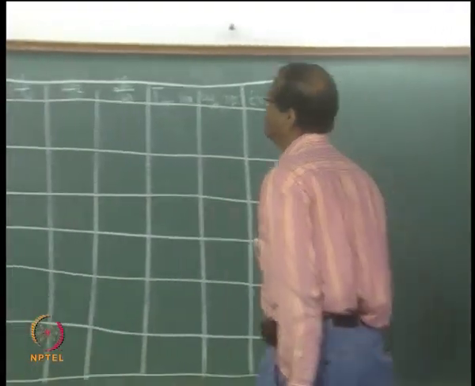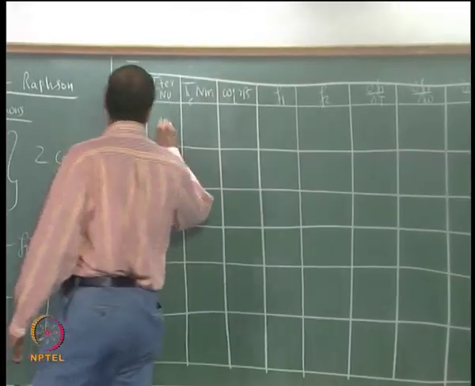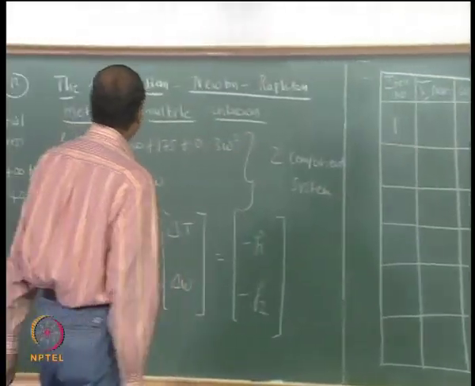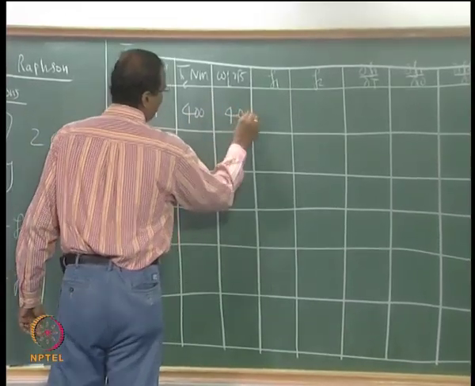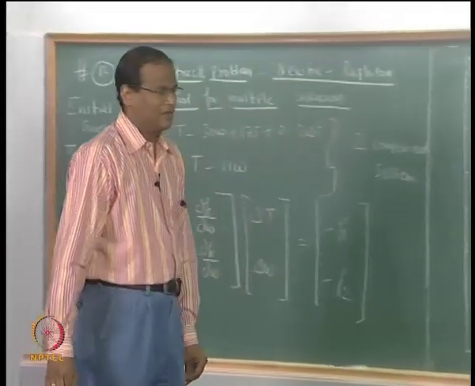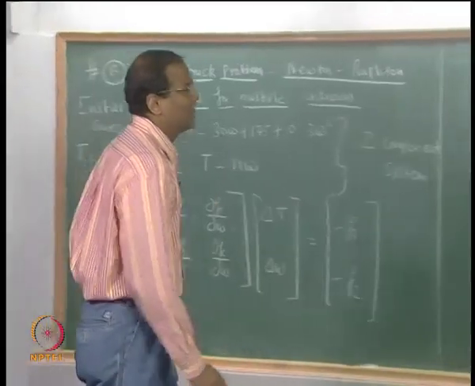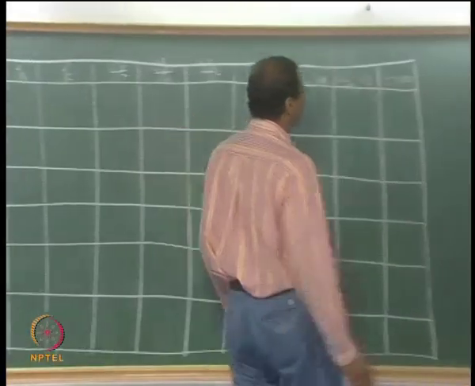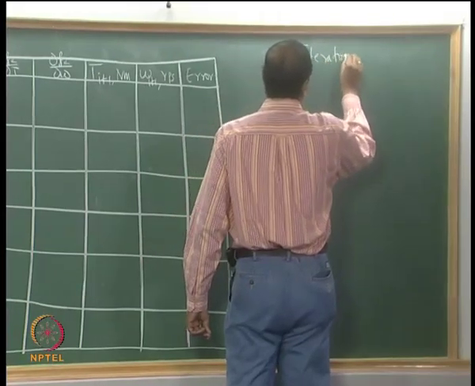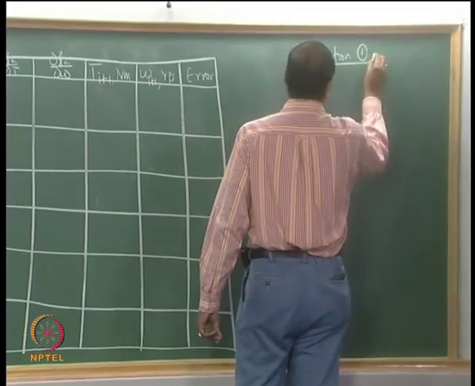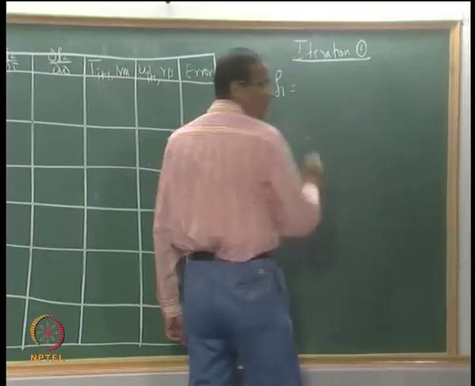Okay, so let us start with this, 400. So you have to evaluate. Let us start with iteration 1. So please tell me what is F1?